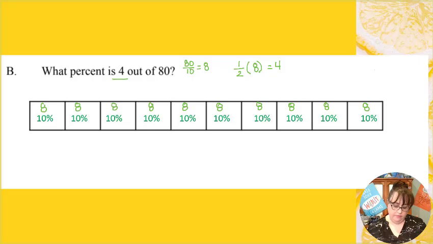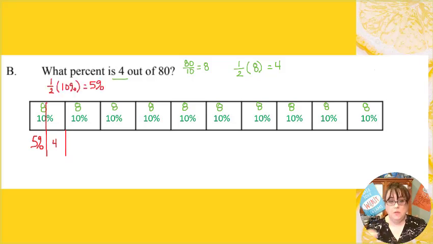So what if I took one of these and I cut it in half? Wouldn't that leave me with 5%? And wouldn't there be 4 left in there? Because half of 8 is 4 and half of 10% is 5%. So I think I actually have an answer here that I'm happy with by looking at my picture.